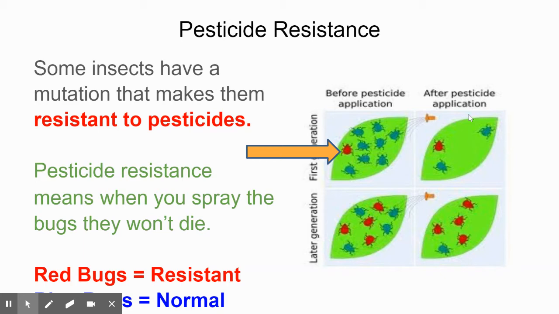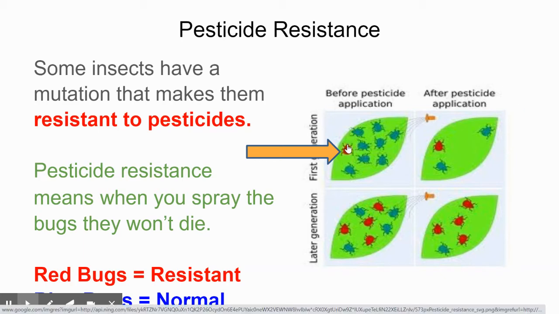So in the picture here, I have all my little insects. We've color coded them here. The red one is going to represent the insect that has a mutation that allows it to resist the pesticide. Once again, they have some sort of DNA mutation that allows them to survive when they are sprayed with the pesticide. The little blue ones here represent the ones that are normal.